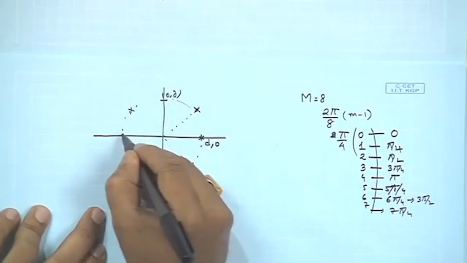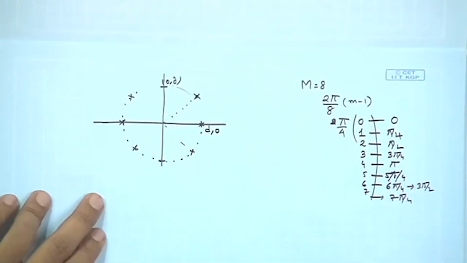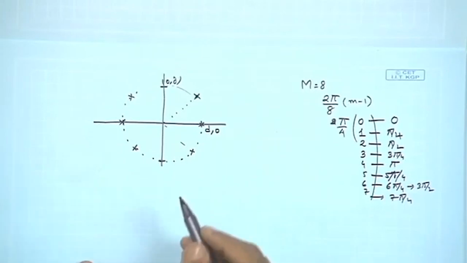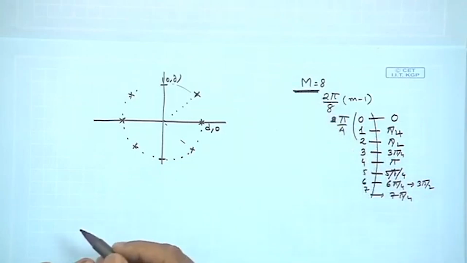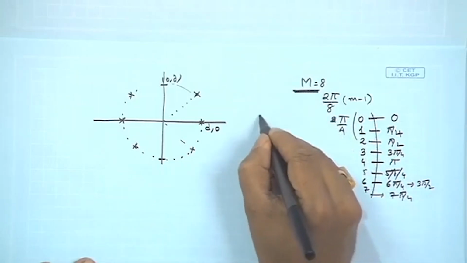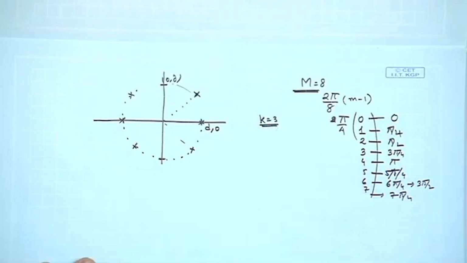Now comes the issue of mapping this with a particular bit sequence. Since there are 8 levels, 8 possible phases, definitely your k will be equal to 3, and when k is equal to 3, that means you would select 3 bits.